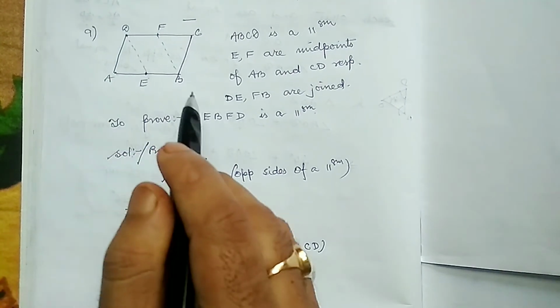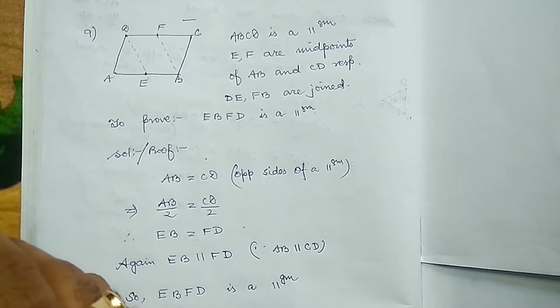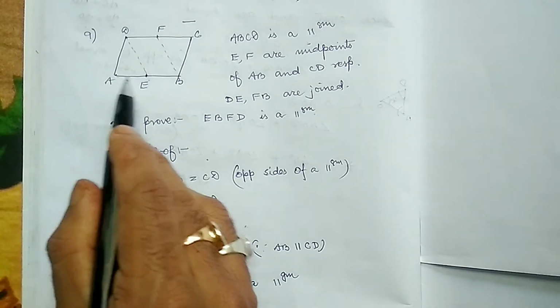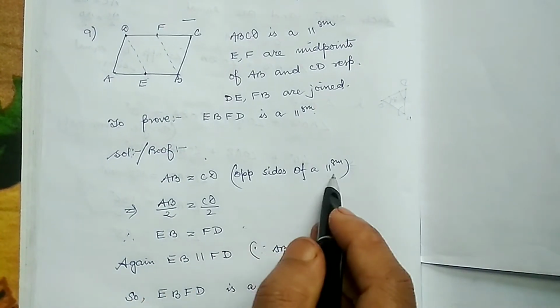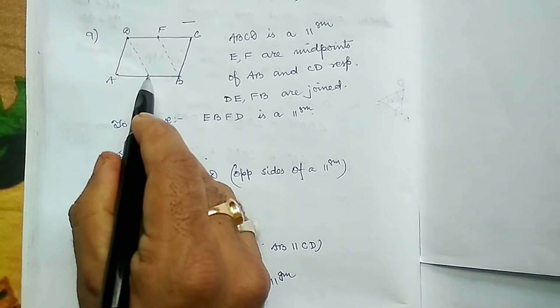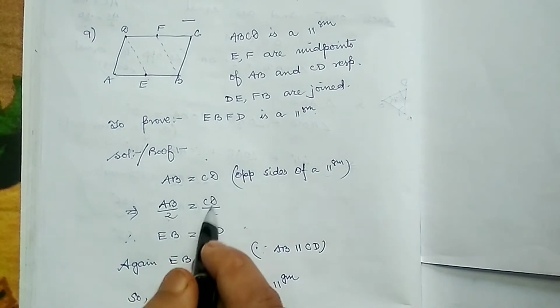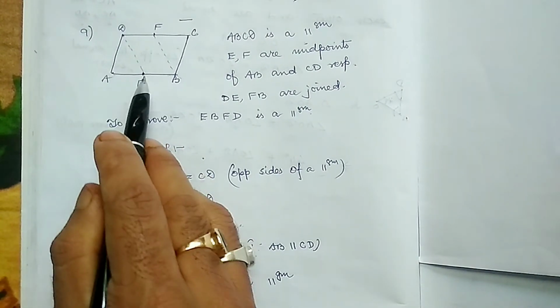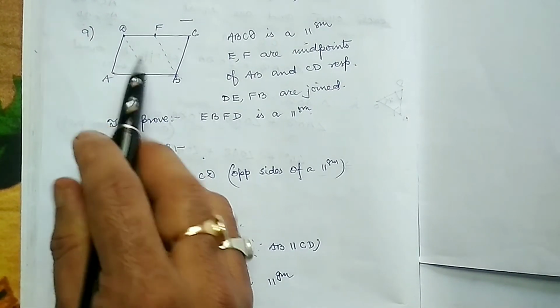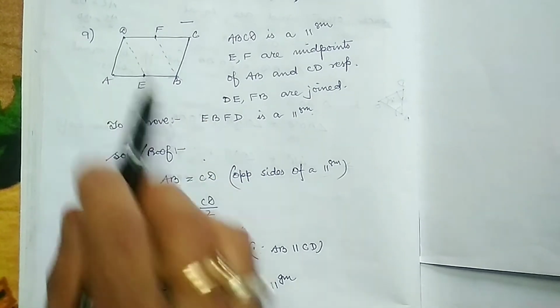Clear? Now here, since it is a parallelogram, we know opposite sides of a parallelogram are equal. So AB will be equal to CD, opposite sides of a parallelogram. And since E and F are the midpoints, we can divide AB by 2 and CD by 2. AB by 2 will be equal to EB because E is the midpoint, and CD by 2 will be equal to DF because F is the midpoint.